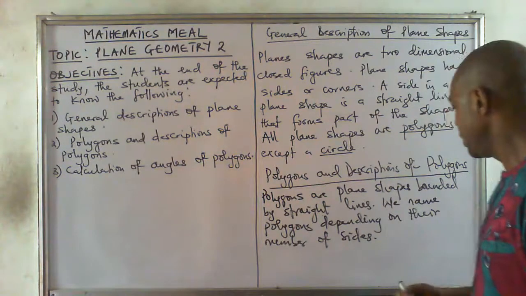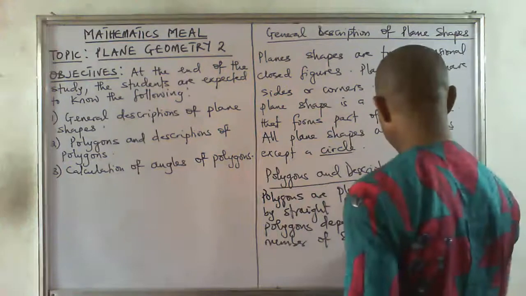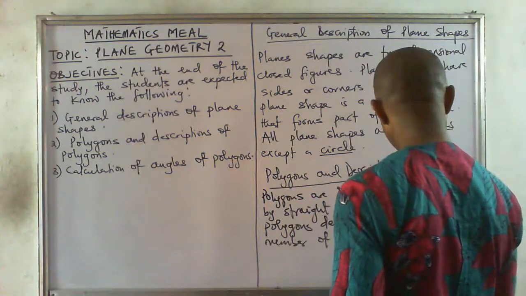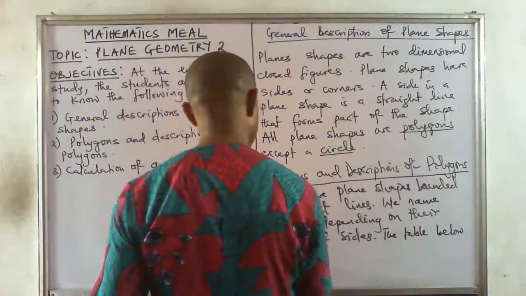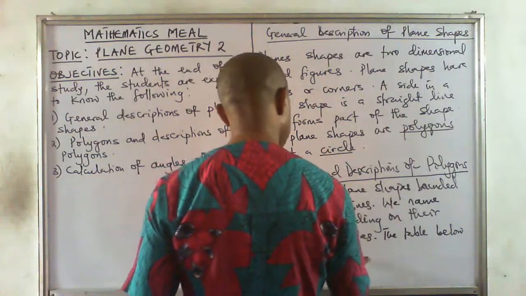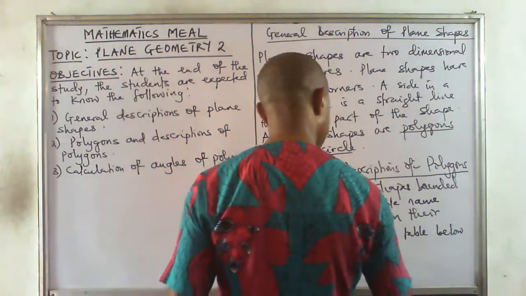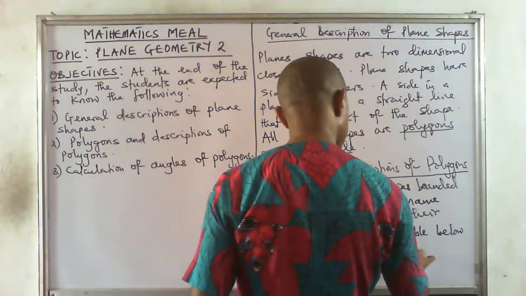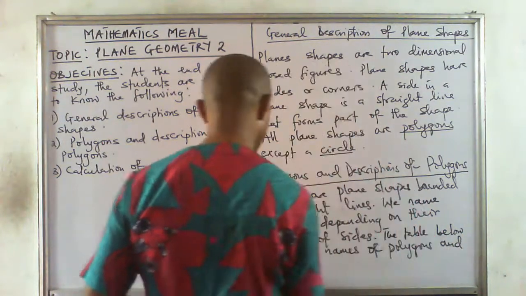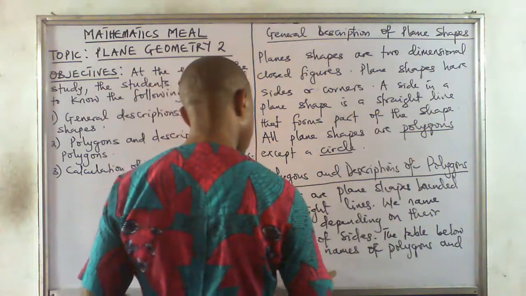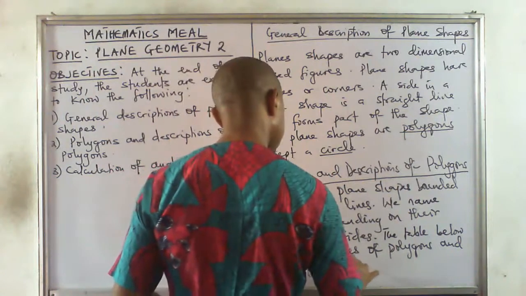Okay, let's look at that. The table below gives the names of polygons and other properties.